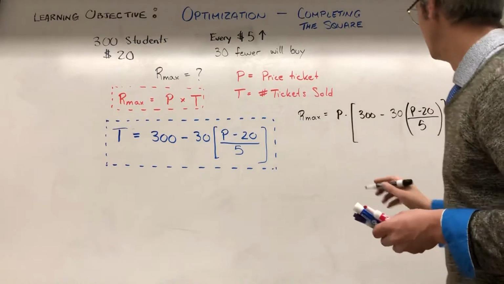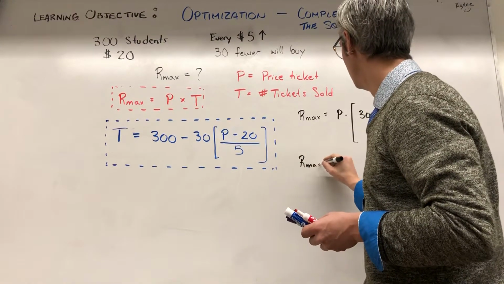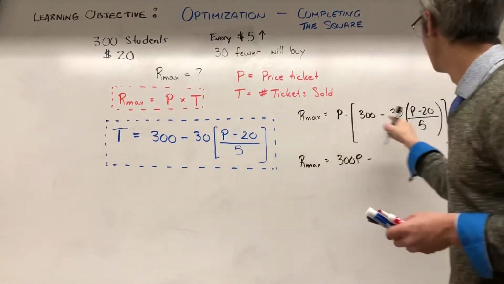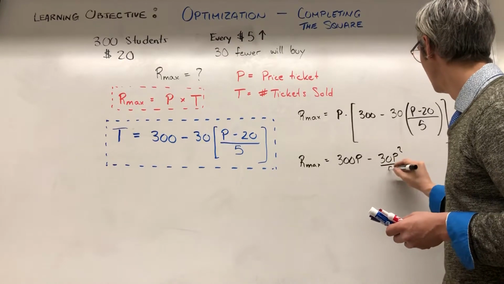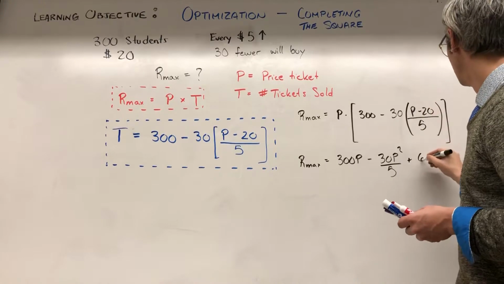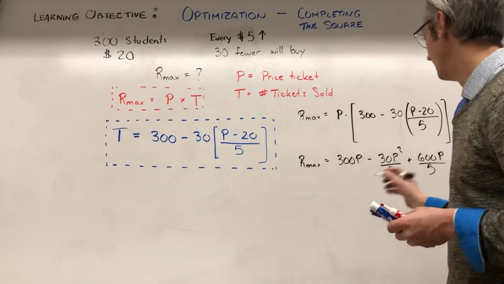Okay, and so what does this do? Now I have to distribute this. So I get R max is equal to 300P minus 30P squared divided by 5, plus 600P divided by 5.